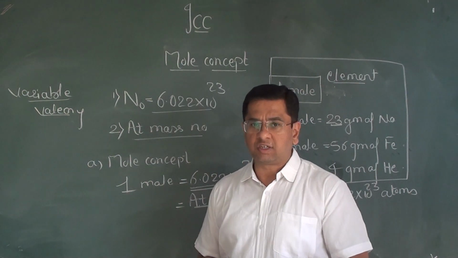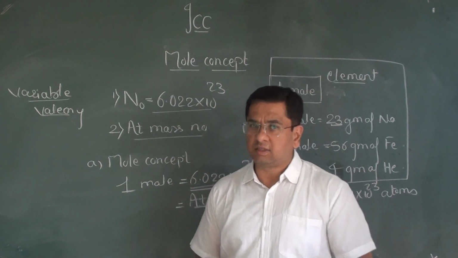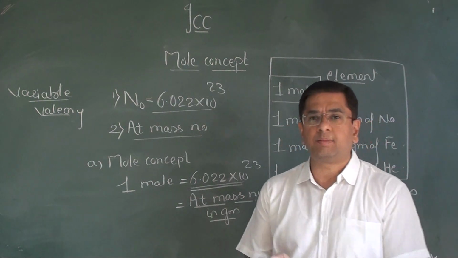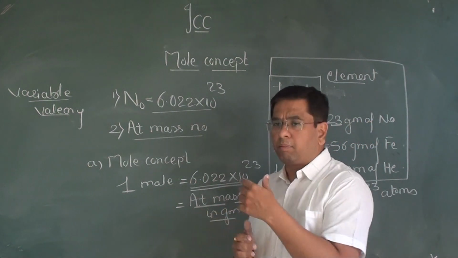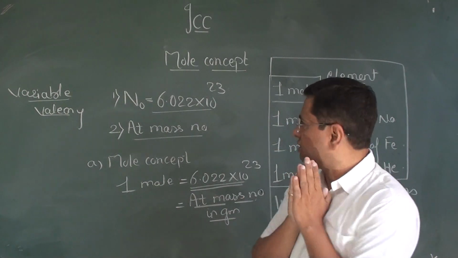Next lecture when we start, we will be answering these three questions, and after we answer these three questions, we will again go back to this concept of mole concept, and we will be going in details of mole concept. But just remember one thing as far as mole concept is concerned.